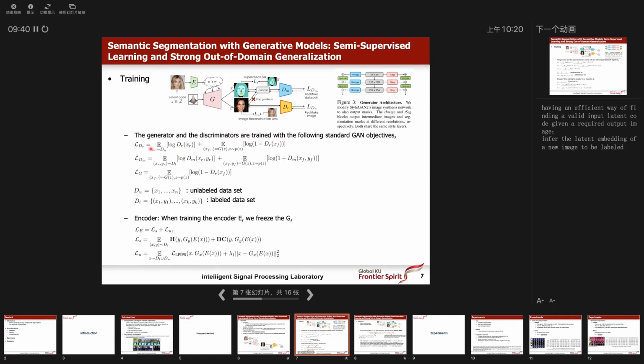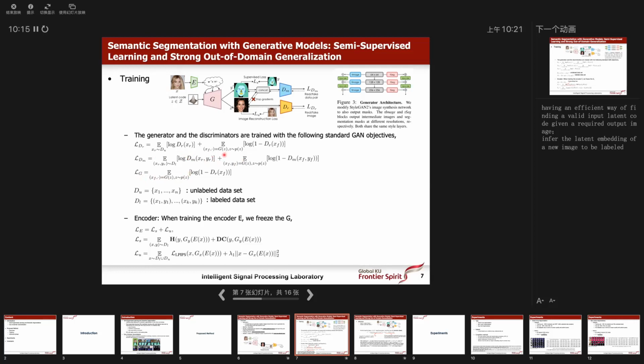We can see that the first two functions are the objectives of the discriminator, and we want to maximize these two functions to optimize the discriminator. And the third is the loss function for the generator. We try to minimize this function to update the generator.